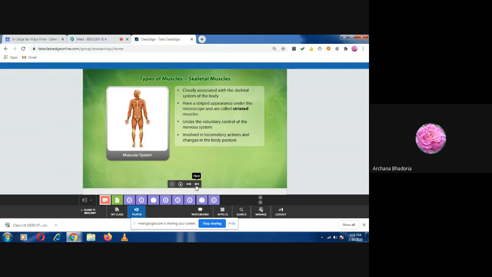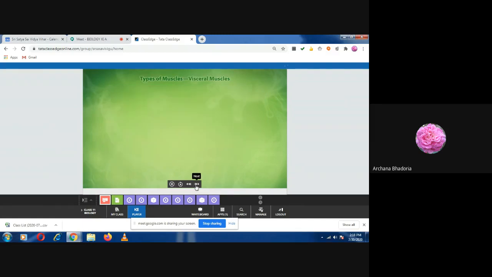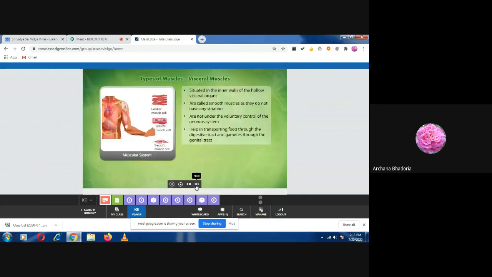Next we will see the visceral muscles. Situated in the inner walls of the hollow visceral organs, they are called smooth muscles. They help in transporting food through the digestive tract and gametes through the genital tract. These are all smooth muscles.